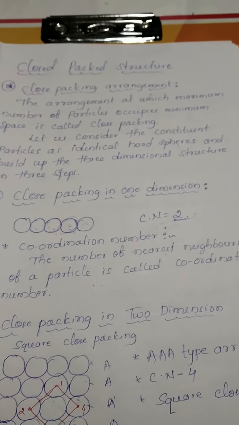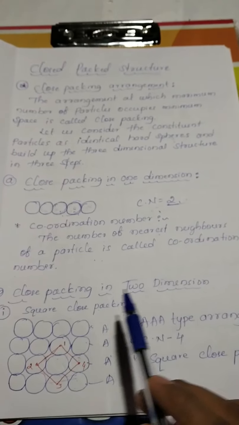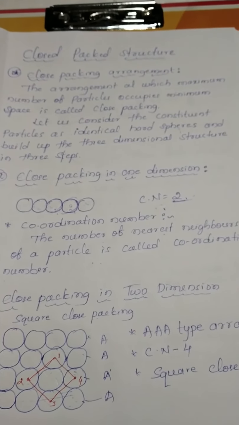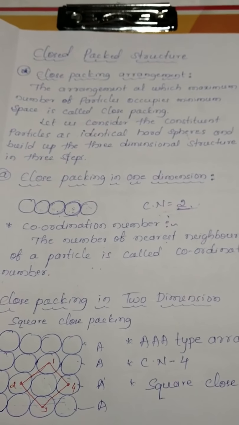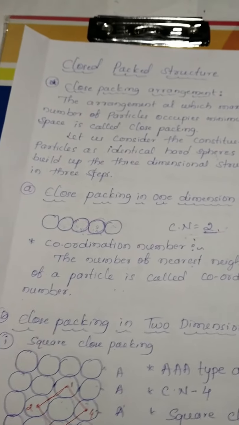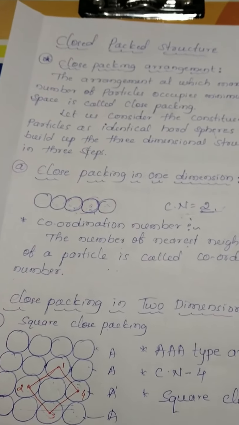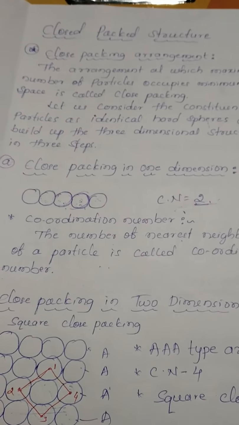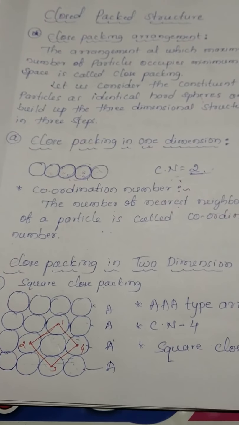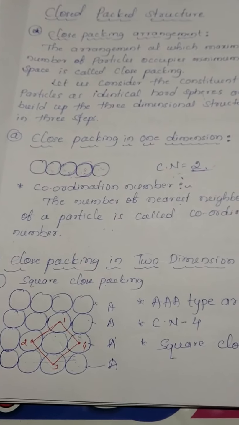Next is close packing in 2 dimensions. We already know that in 1 dimension there is only one way of arranging the spheres, to arrange them in a row touching each other. Here also we can build up the close packing in 2 dimensions from close packing in 1 dimension.